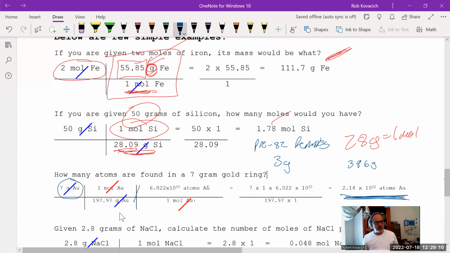Great, okay, so how many pennies are there? Well, if I divide through by 3 grams is equal to 1 penny, what is that? 132 pennies. So the grams cancel out, and now I know how many pennies I have in this bag of 396 grams. And that's what we're doing.